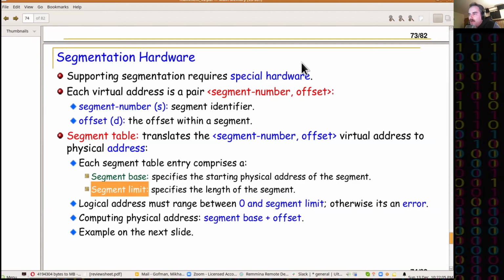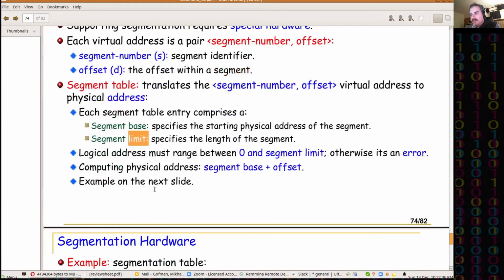To convert this virtual address into the physical address, we look up the segment base in the segment table by indexing using the segment number, and then to the segment base we add the offset, and that becomes the physical address. And it is very important, by the way, that offset is not greater than the segment limit. Otherwise, you go out of the limits of the segment and you get what's called a segmentation fault.